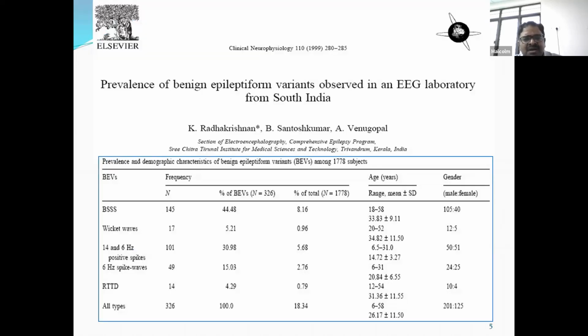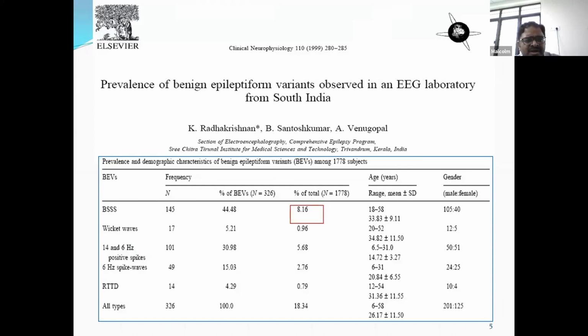This is an article published by my chief, Professor Radhakrishnan sir, from Chitra Thirunal, wherein they tried to analyze, in around 1,800 patients, what percentage of patients in whom EEG was done showed benign epileptiform variants. They found that the benign sporadic sleep spike is the commonest one.